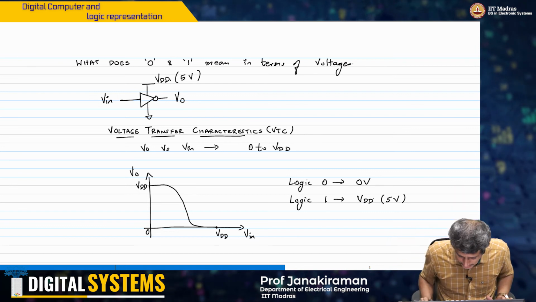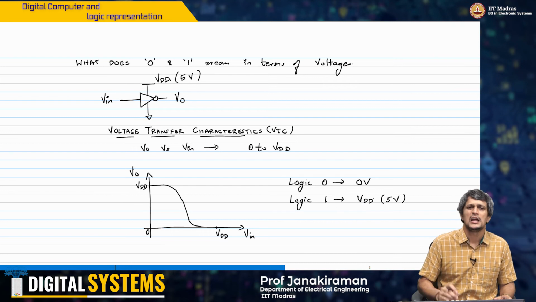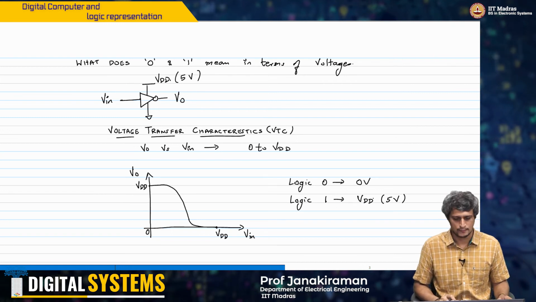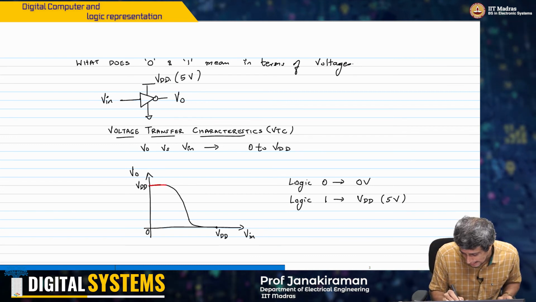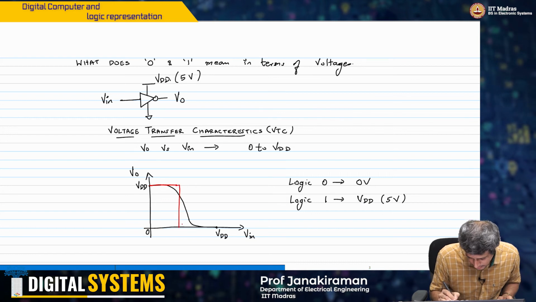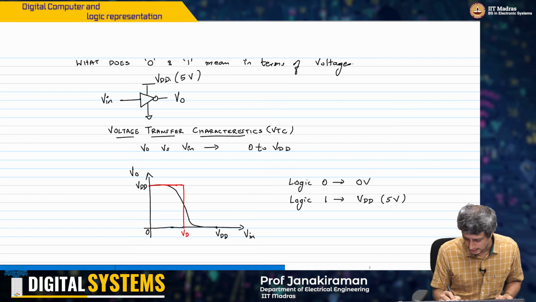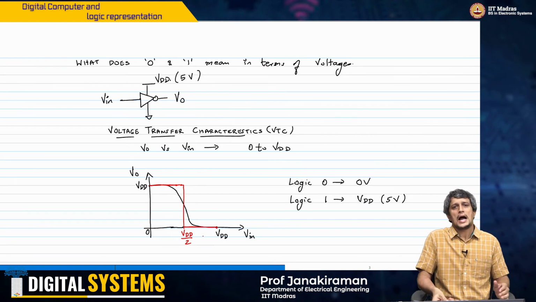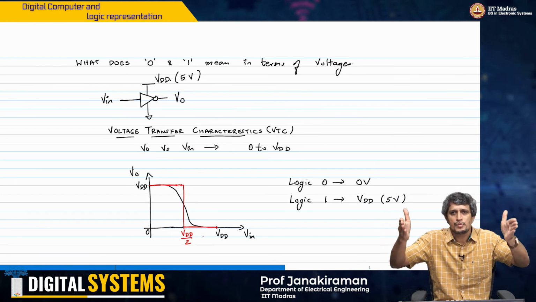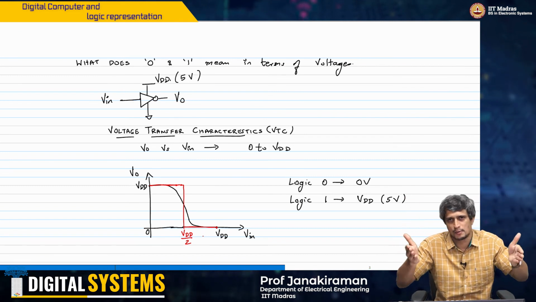What is it? For this, we will also draw what is known as an ideal voltage transfer characteristic. What is the ideal voltage transfer characteristic that we want? The ideal transfer characteristic should be something like this. This is VDD by 2. My input to this inverter can be anywhere between 0 and VDD, 0 and 5 volt for example.